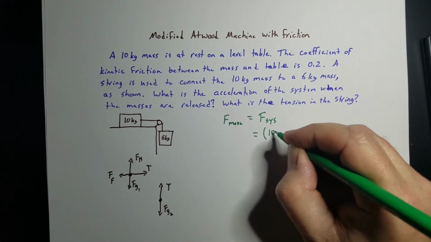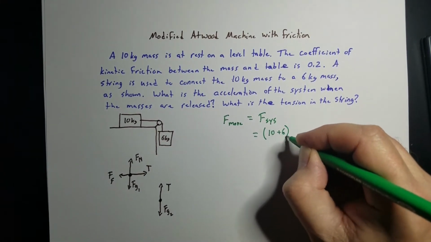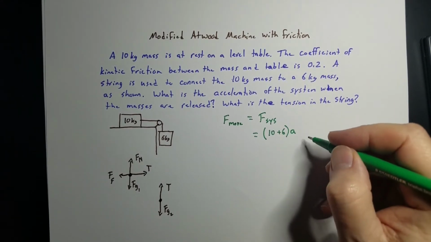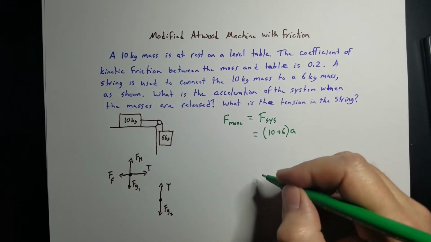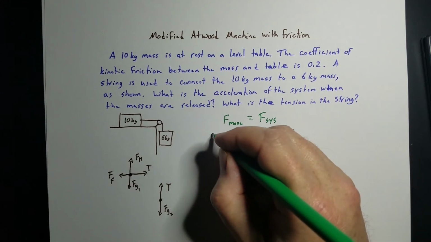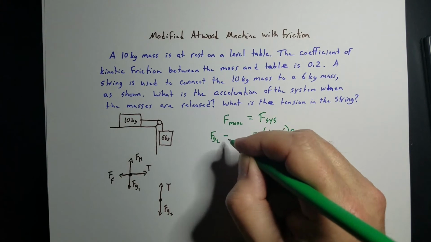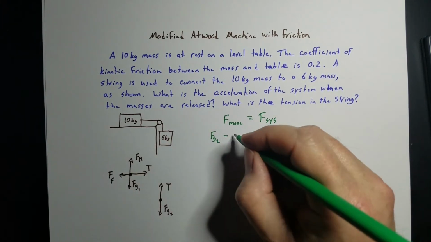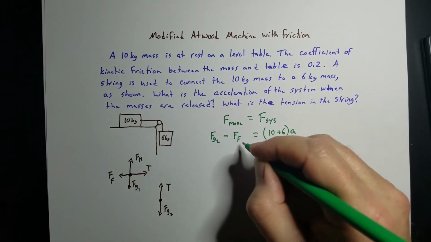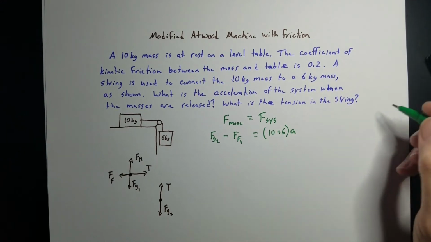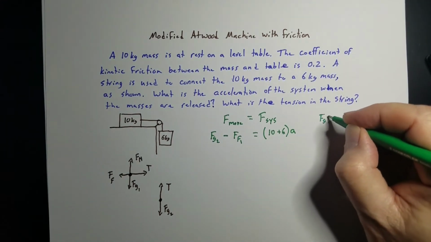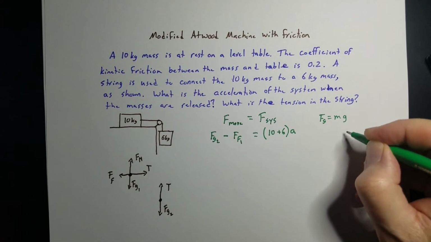So the 10 kilogram mass plus the 6 kilogram mass being accelerated at whatever. We're going to figure that out. The force, well, the force is the weight of the second block, but that's being held back by the friction on the first block. Well, mg is just mass times gravity.